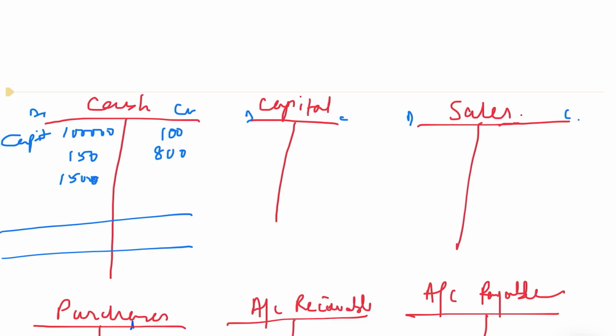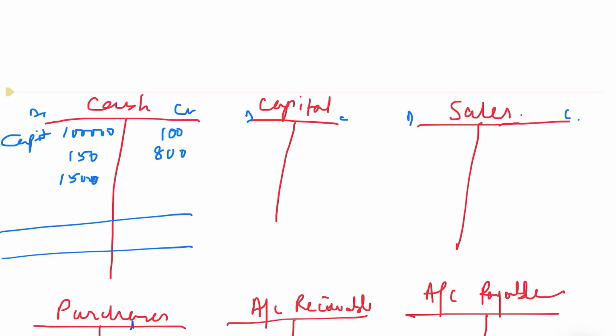Now here we have to use our calculator, right? Now here, as you can see, all the transactions are recorded perfectly, right? Now we have to add all of the transactions like debit sides and the credit sides.